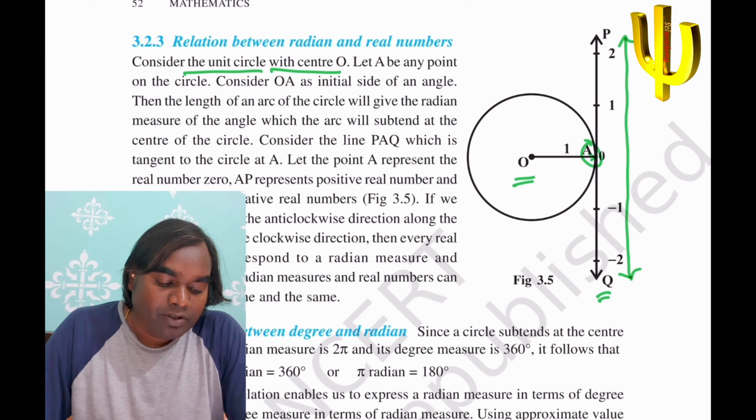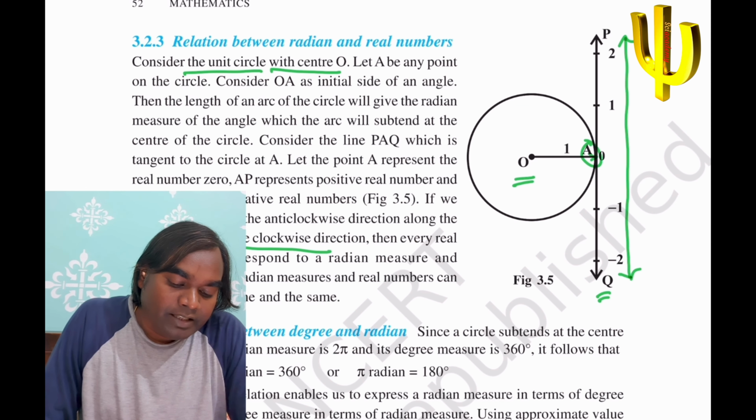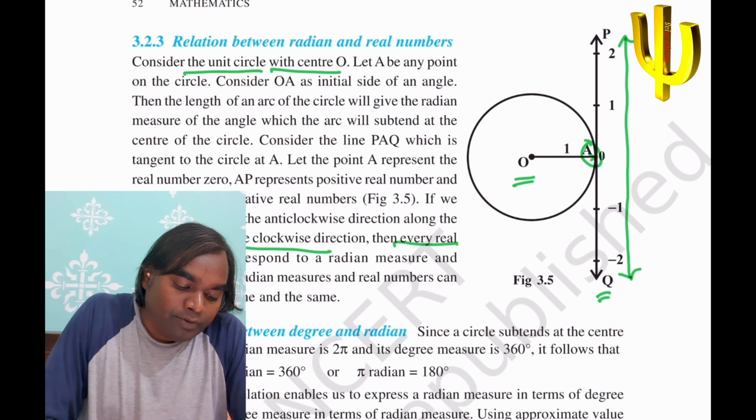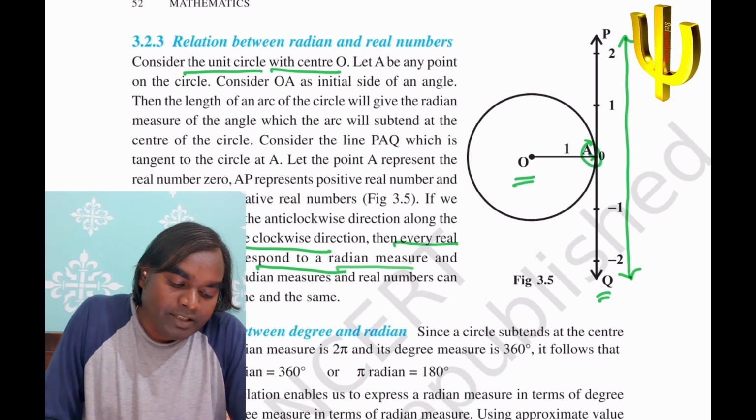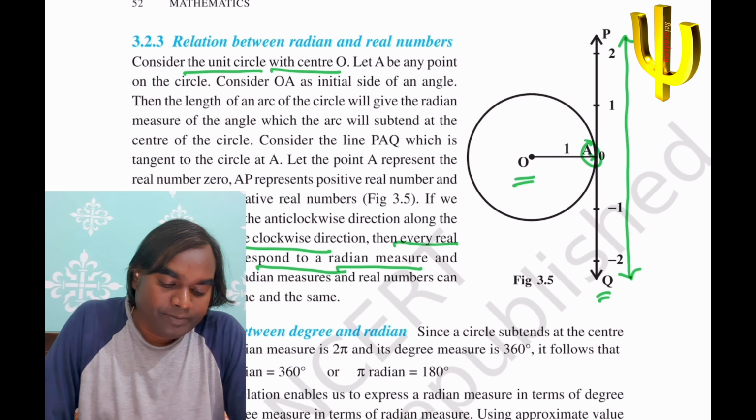If we rope the line AP in the anti-clockwise direction along the circle and AQ in the clockwise direction, then every real number will correspond to a radian measure and conversely.